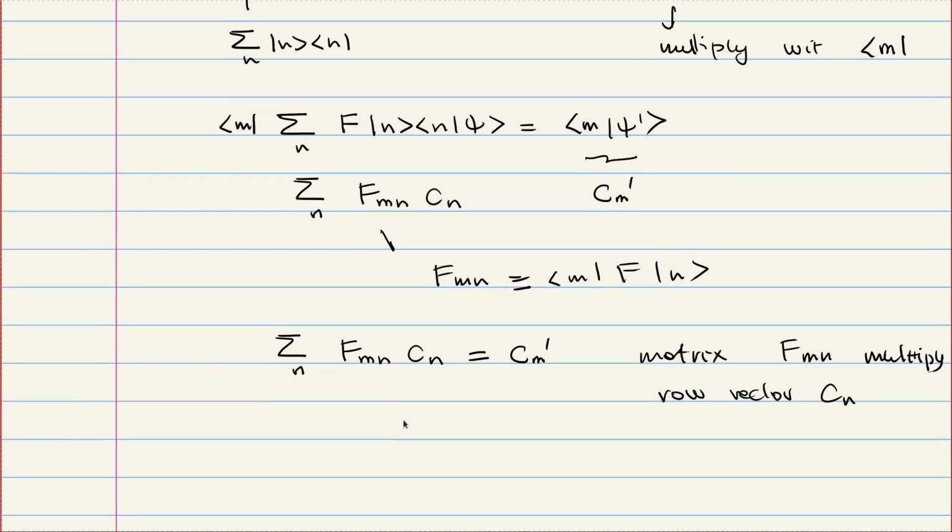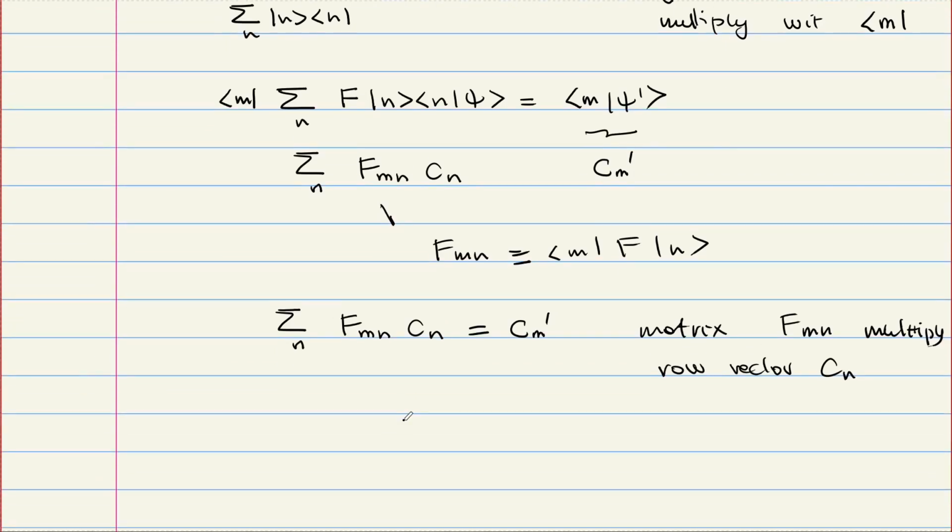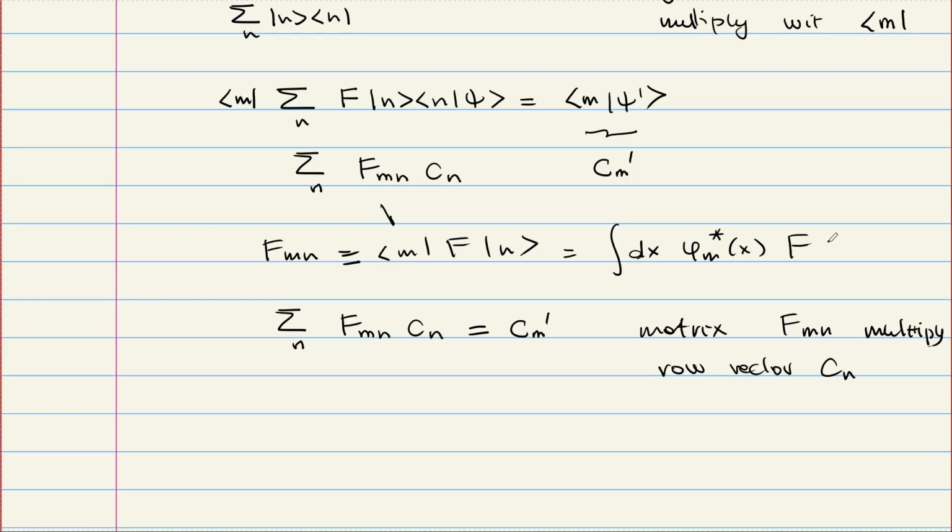Let me elaborate a little bit. This may still look abstract, but you can think of f as a position, for example, and in the basis this is the integral dx of phi m star of x, f, phi n of x.